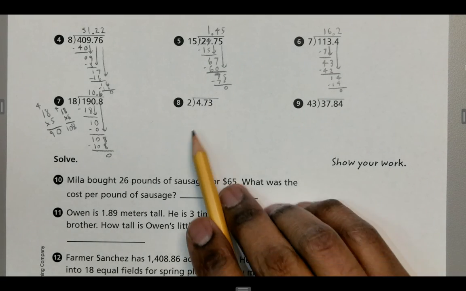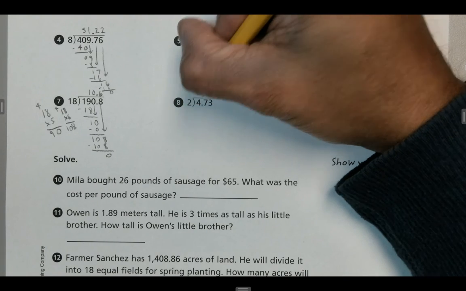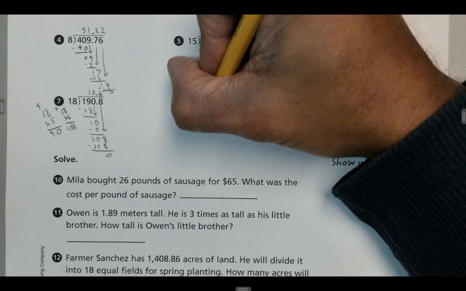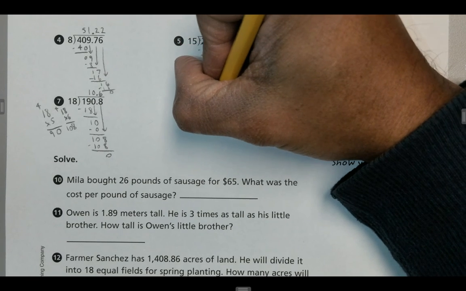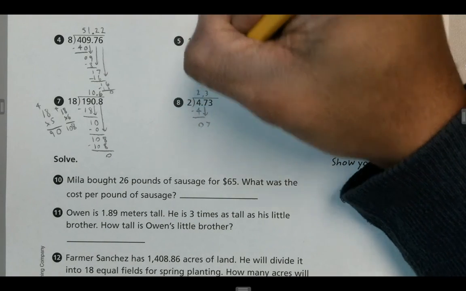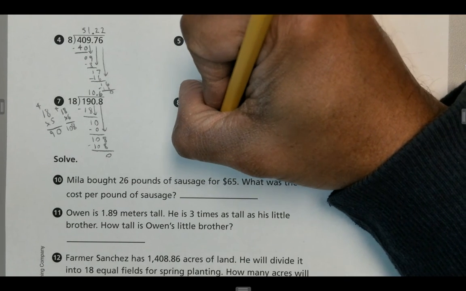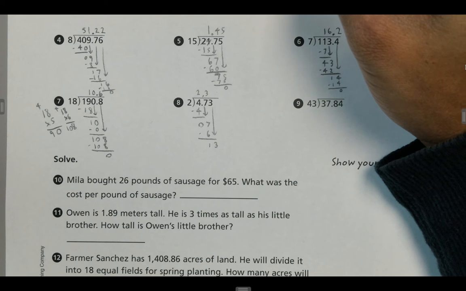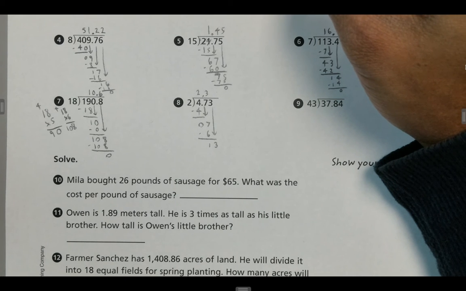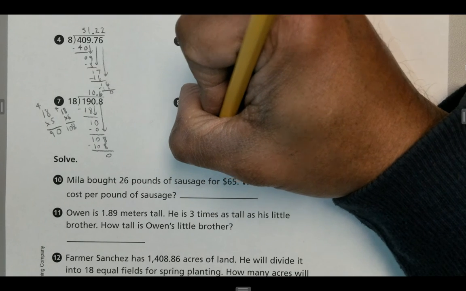Moving on. Insert the decimal point. Find 2 goes into 4 twice. 2 times 2 is 4. Subtract. Bring down. 2 goes into 7 3 times. 2 times 3 is 6. Subtract. Bring down. 2 goes into 13 6 times. 2 times 6 is 12.